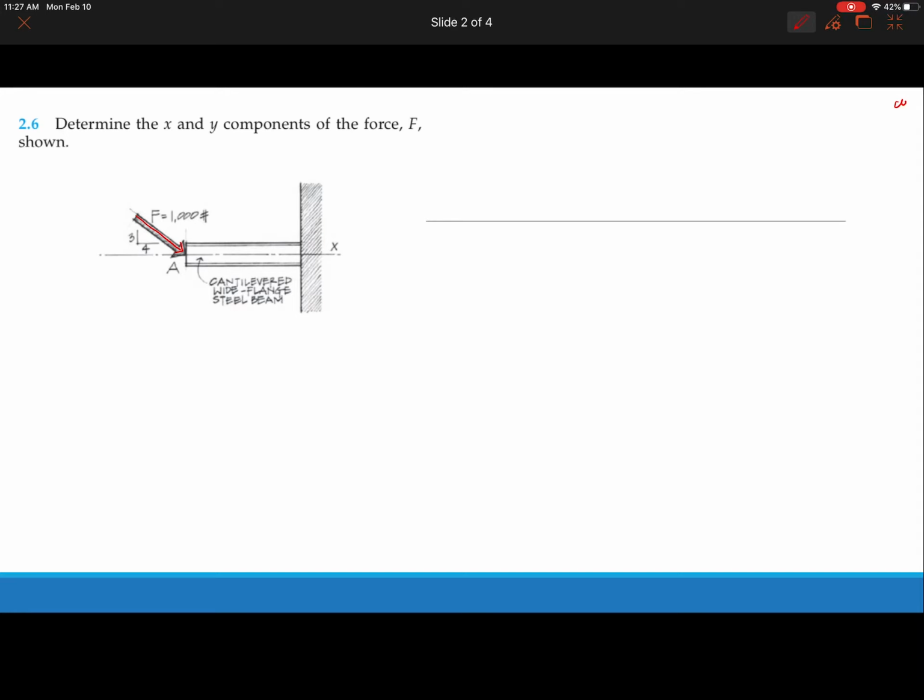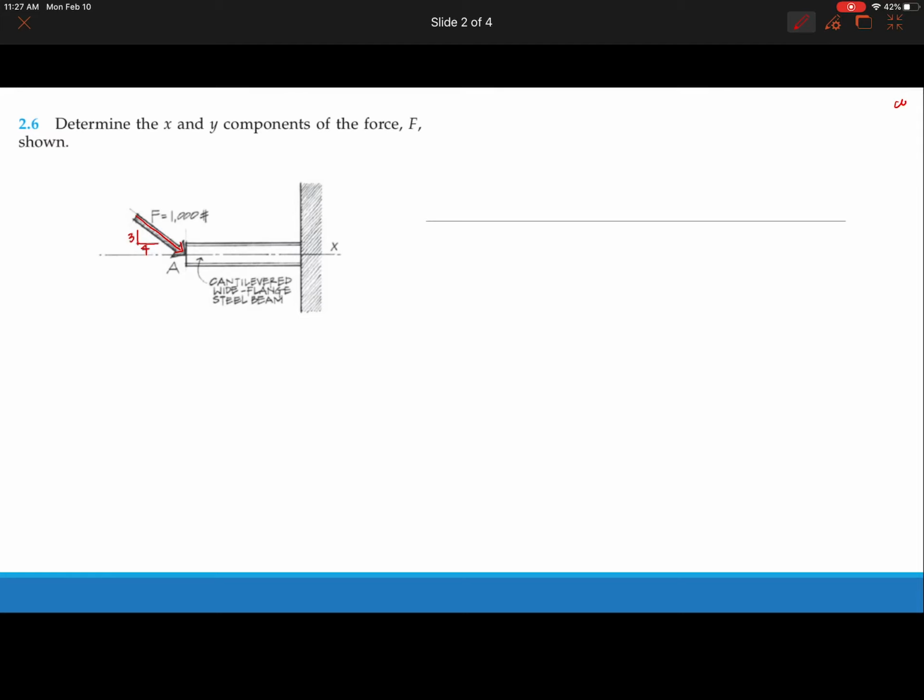The direction is shown in the picture, and the angle is given by the slope, which is 3/4. So that's all the conditions.